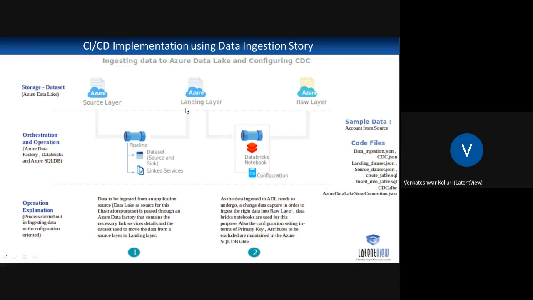When a file gets dropped in this landing layer, we execute a CDC mechanism on that file, and only the incremental updates are pushed into the raw layer. I'll show this in our Azure portal.